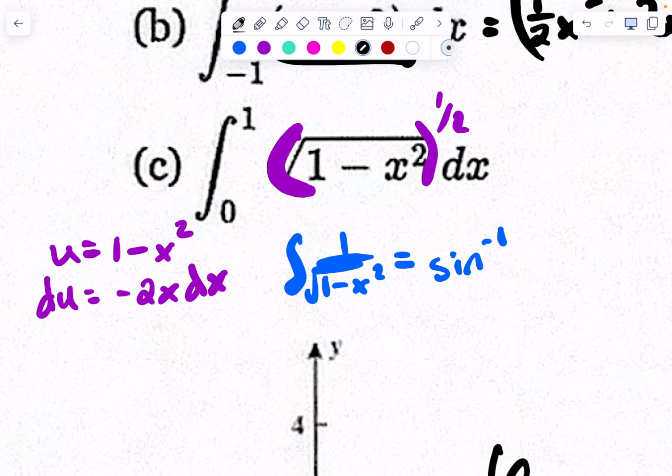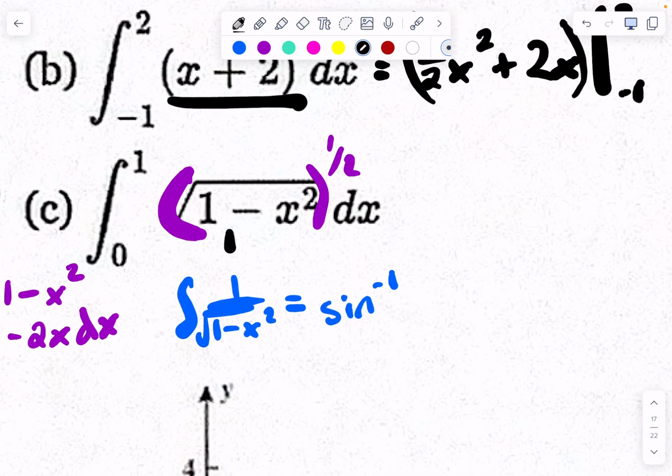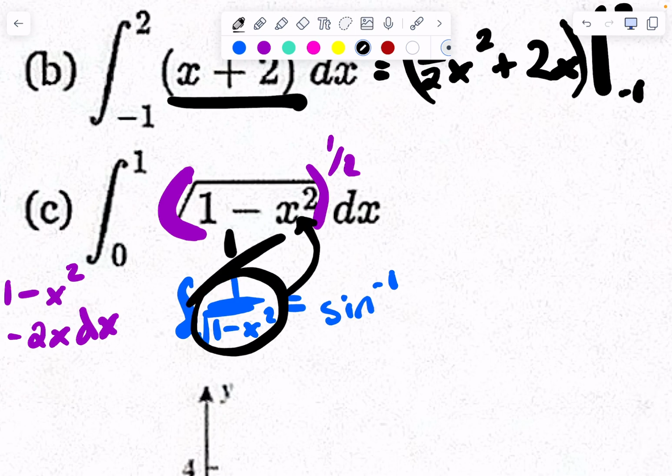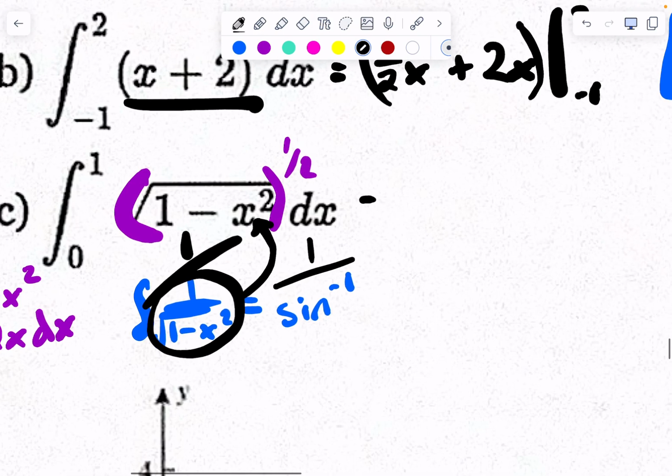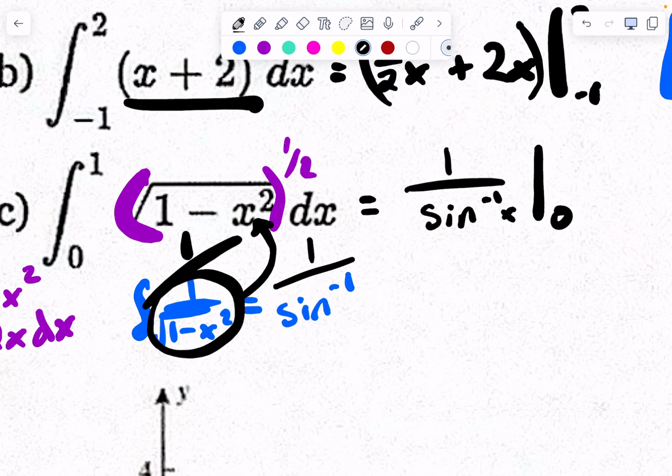So basically we have 1 over this junk, and the 1 over flips to the top, so this would end up being 1 over inverse sine x. You see how that works? So this comes out not too bad: 1 over inverse sine of x, and then we have 0 and 1.